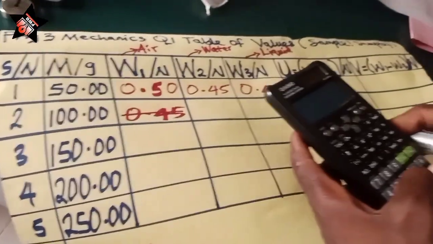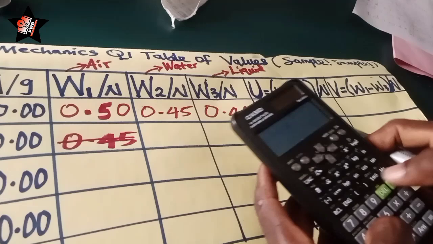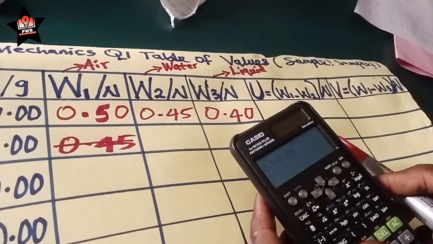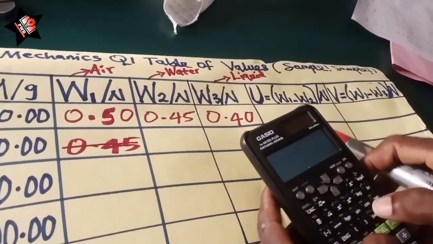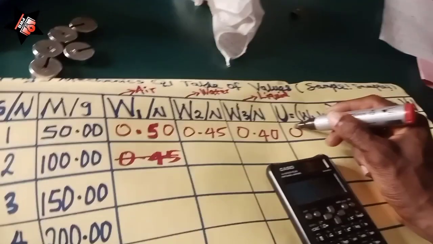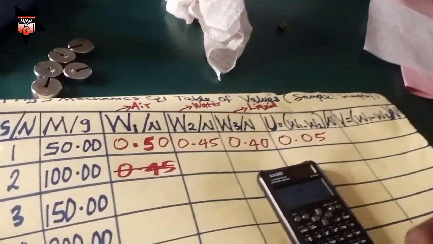So 0.5 minus 0.45, we have 0.05. And so we record 0.05 here.